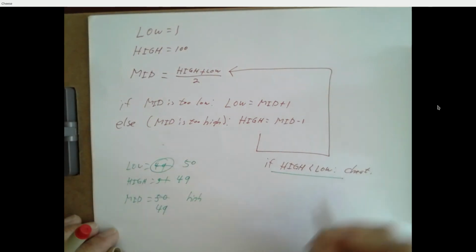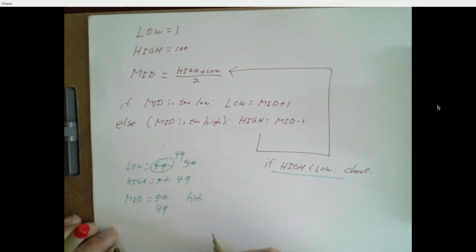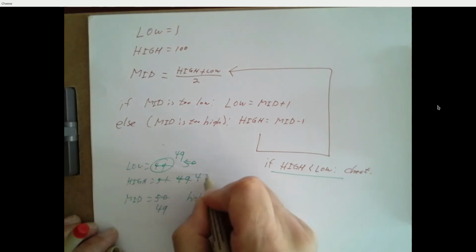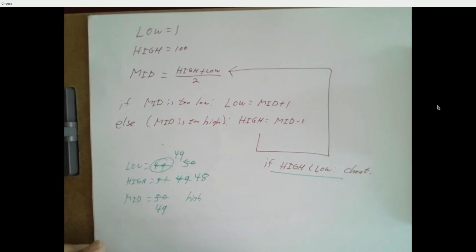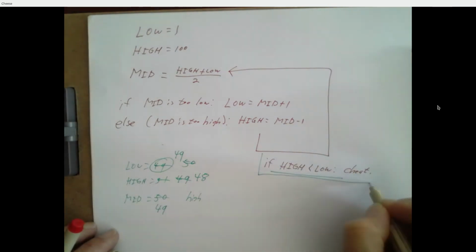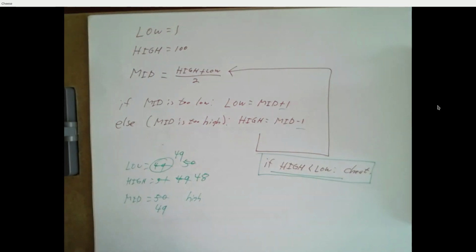And now we're going to say, hey, high is smaller than low. There's a problem. Right? Or if low is 49 and we say that's too high, they're going to change high to be 48. And again, high is going to be smaller than low, and we'll say it's a problem. So this is your cheat detection. But it only works if you're doing this plus 1 and minus 1 on there. If you do it like this, it will work. Okay, it will work first try, and it will be glorious.